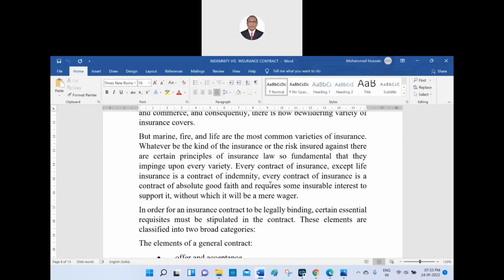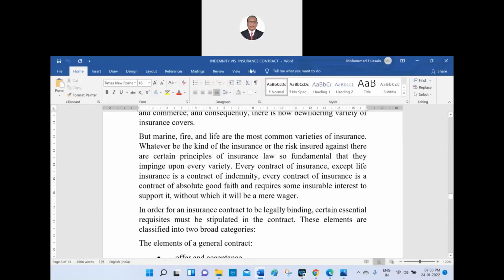Every contract of insurance except life insurance is a contract of indemnity. I already told you this several times. Why is the life insurance contract not called a contract of indemnity? I would like to get the answer from anyone, not in chorus.